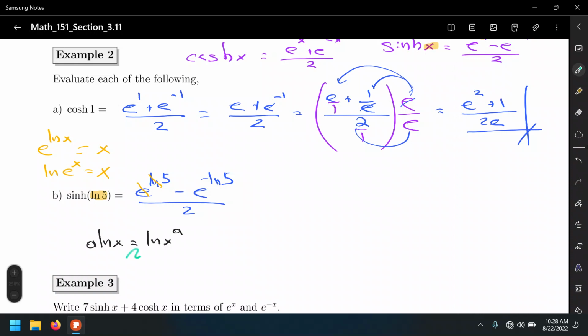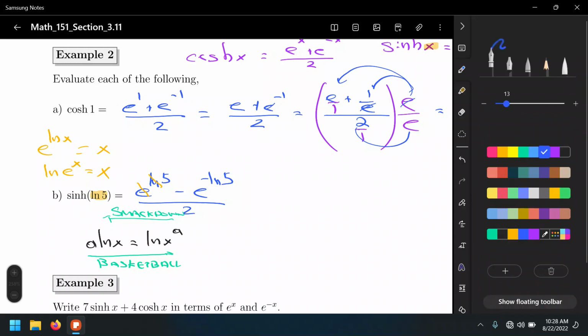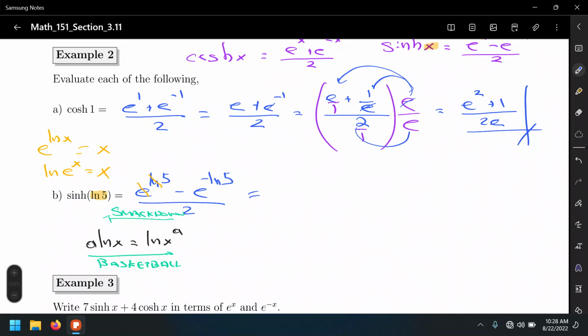What do I mean by that? Well, when we use it this way, this is like the basketball. You're throwing a basketball, but otherwise the a jumps as a coefficient. It's a smackdown rule. So in this case, what we're going to do is the basketball rule. Make the 5 have the power, the negative power in this case.